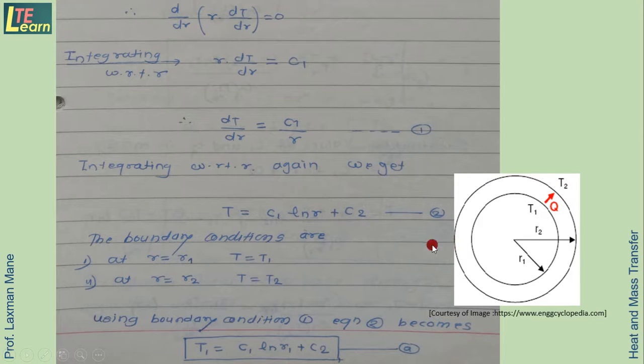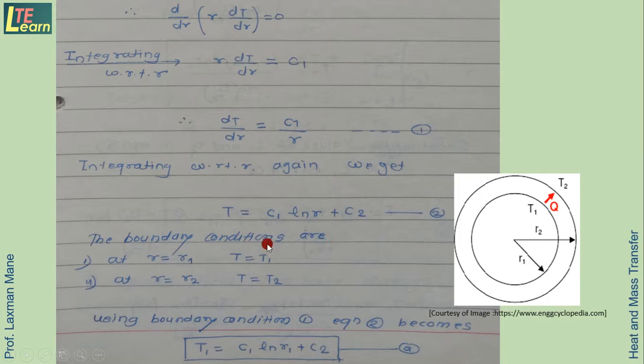Then we use the boundary conditions, as already discussed. At the inner side R is equal to R1, temperature is T1, and at the outer side radius is R2 and temperature is T2. So using boundary condition 1 and boundary condition 2 in equation 2, because we want to find C1 and C2.